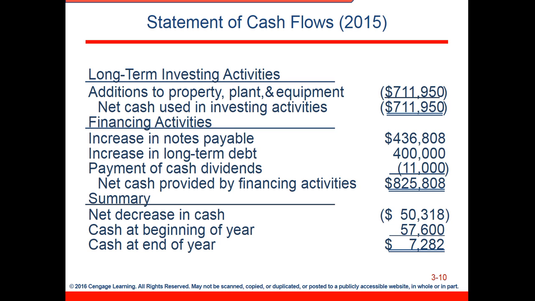They did it by issuing long-term debt and notes payable, and provided financing through that. As a result, the financing activities still couldn't compensate for all of it, so there's a net decrease in cash of around $50,000, from $57,000 to $7,000.